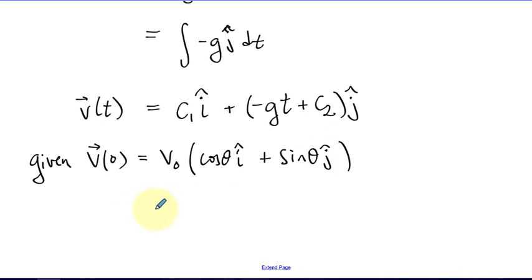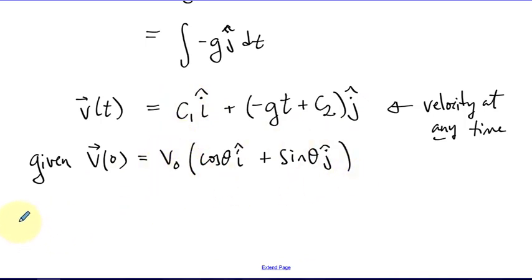So if this is always the velocity at any time, then it would have to be the velocity at time 0. So let's use the fact that if you plug in 0, you should get this.